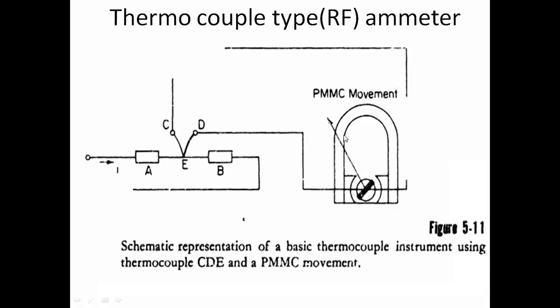This basic meter represents the amount of voltage produced, and this voltage is proportional to the amount of heat produced near the wire. This heat is proportional to the amount of current flowing through the wire. So the value indicated in the permanent magnet moving coil instrument relates to the applied current. Like this we can use the thermocouple type of ammeter.